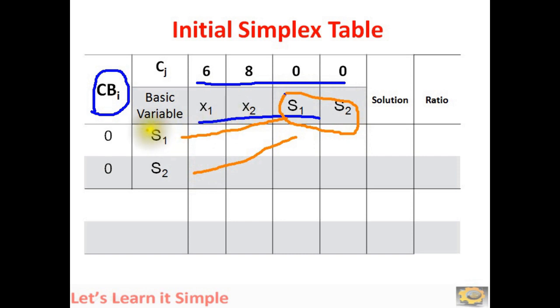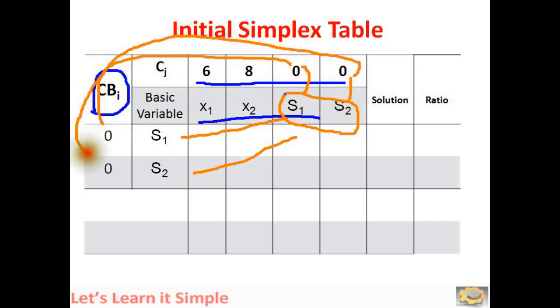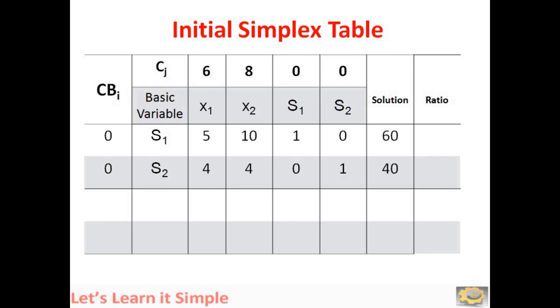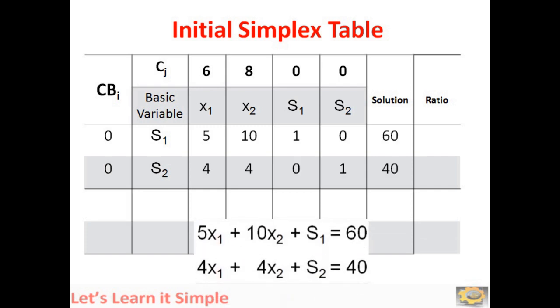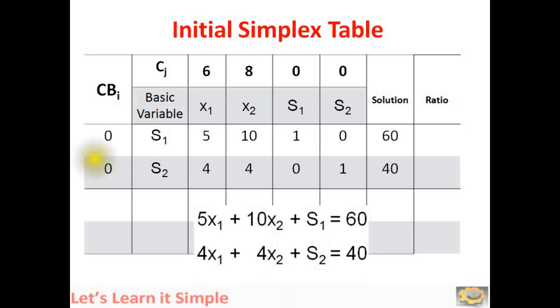Now again from the table, the coefficient of s1 is 0, which is here. Coefficient of s2 is 0, which is again here. So CBI stands for coefficient of the basic variable. Okay. And what next? Now from the constraints we need to fill the remaining values.